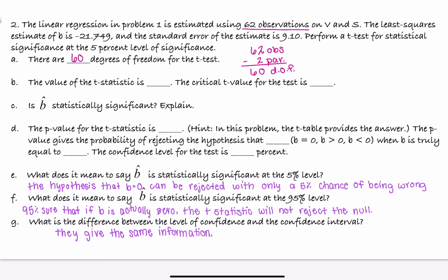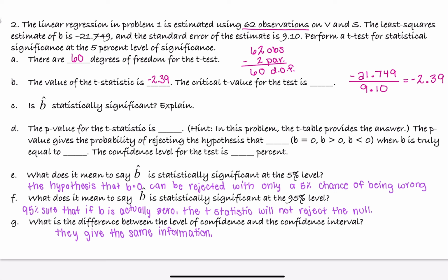The value of the t-statistic is going to be found by dividing the estimate that we're given, which is negative 21.749, by the standard error, which is 9.10. So the value of our t-statistic is negative 2.39.